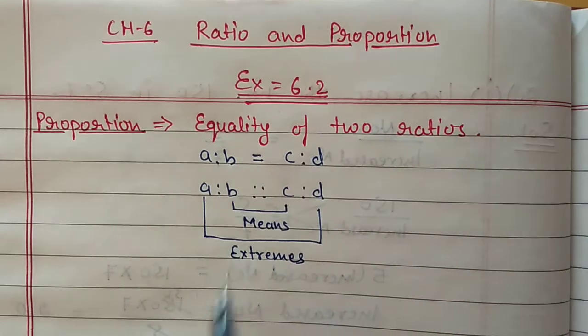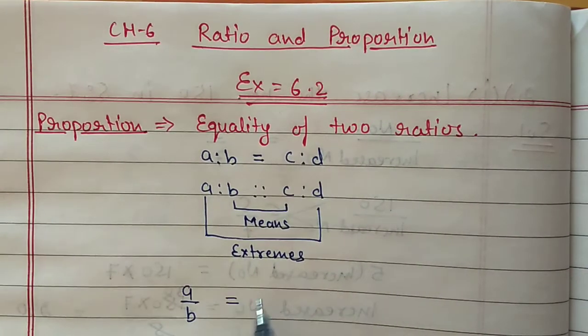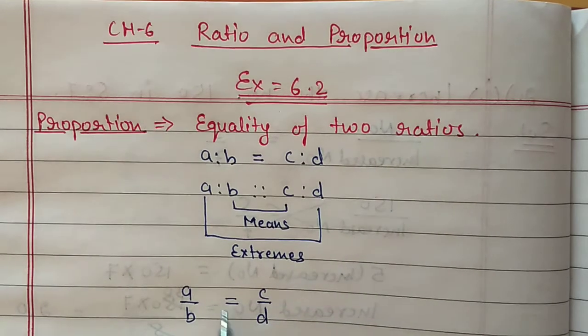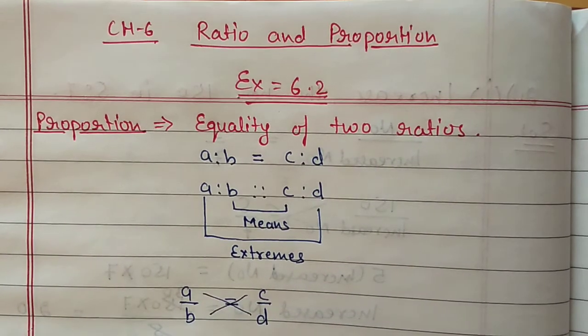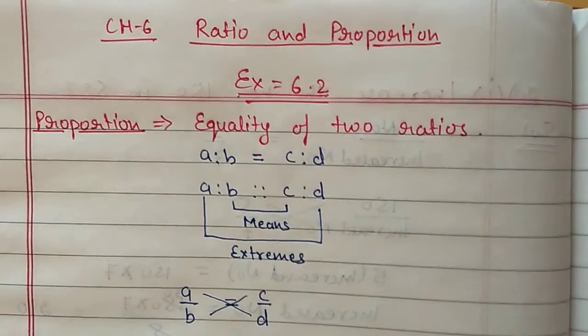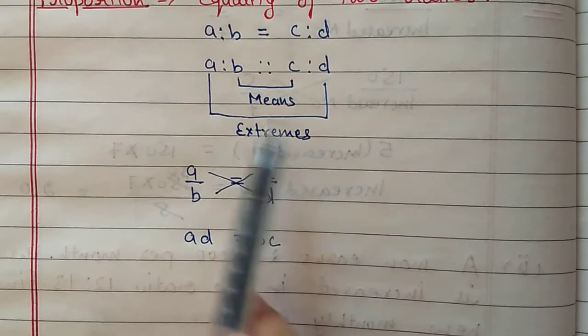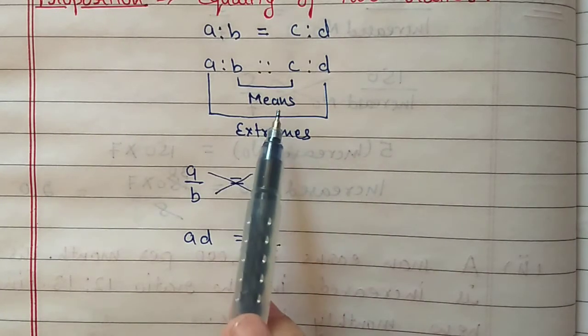So if you see these ratios, we can write like this also, A by B is equal to C by D. And when we cross multiply, then we will get AD is equal to BC. A and D are the extremes. B and C are the means.